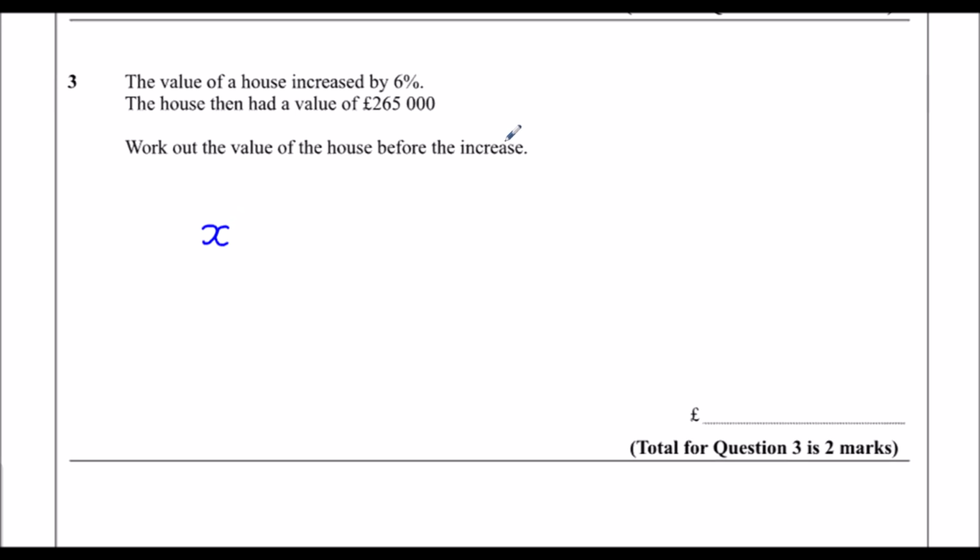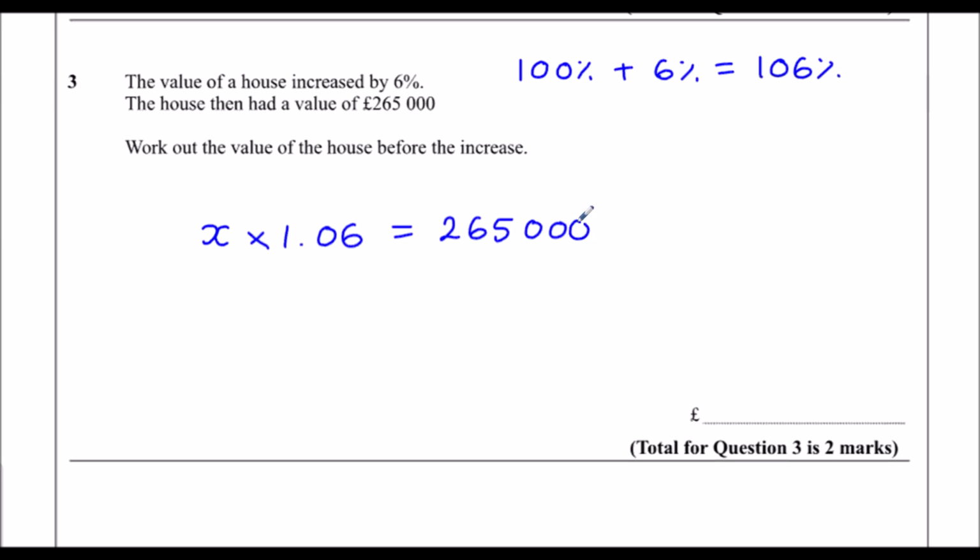To add on 6%, we'll have 100% plus 6%, which is 106%. So if I wanted to add on 6% to x, I would multiply it by 106%, but I'll write that as a decimal, 1.06. So something times 1.06 equals 265,000.